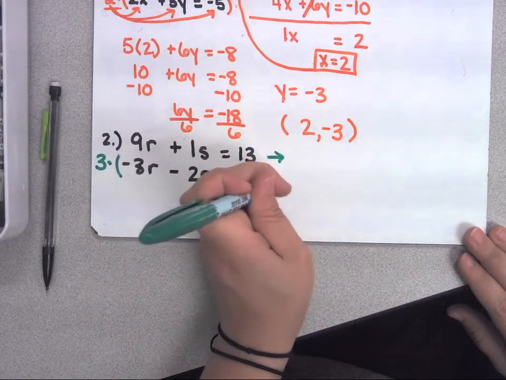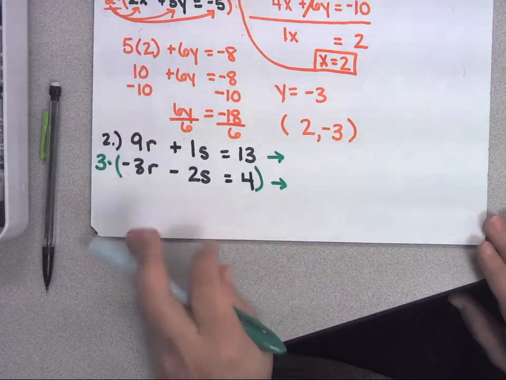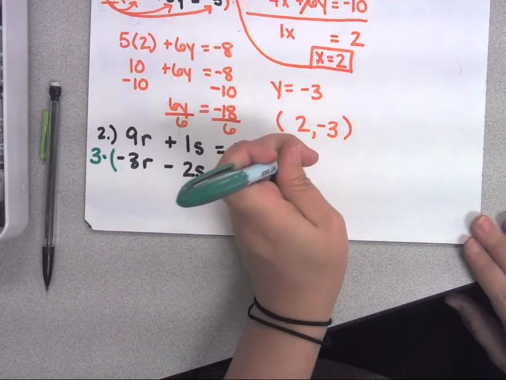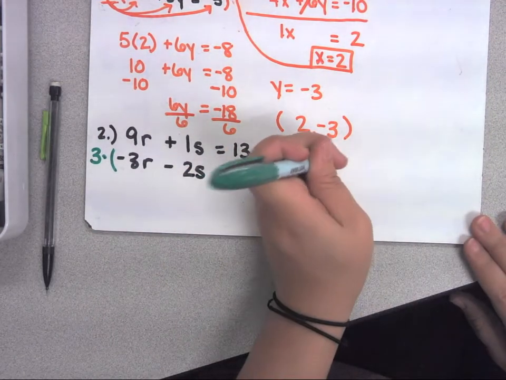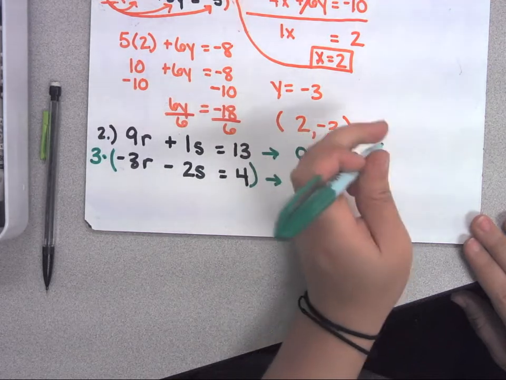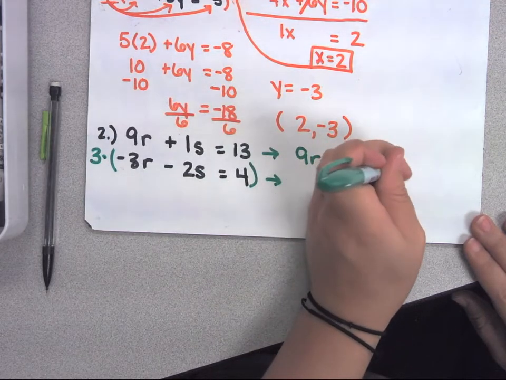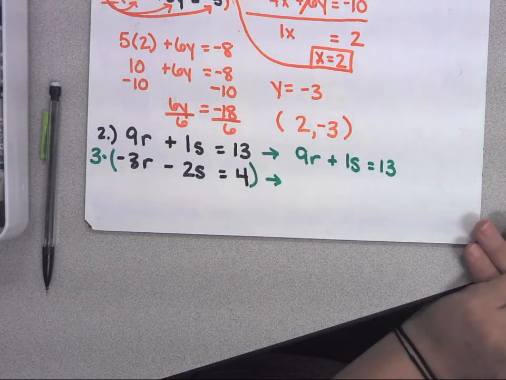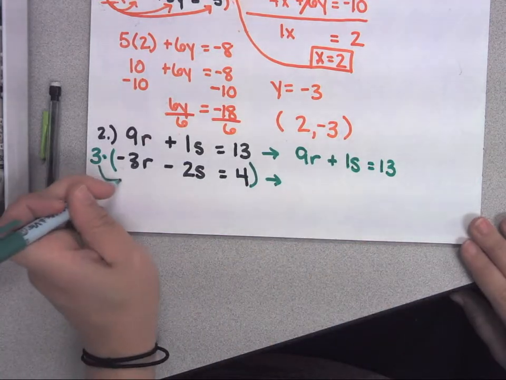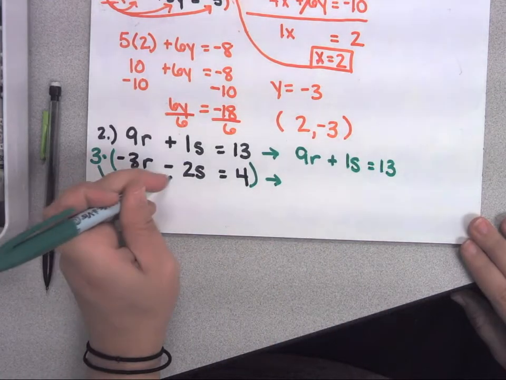Since the first equation, we did nothing to it, we're just going to rewrite it. 9r plus 1s equals 13. When we distribute, what does that turn into?